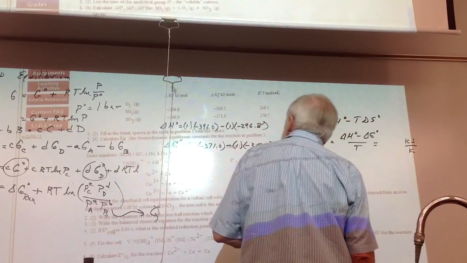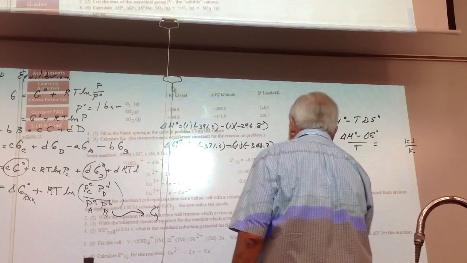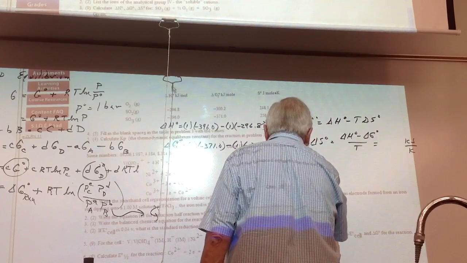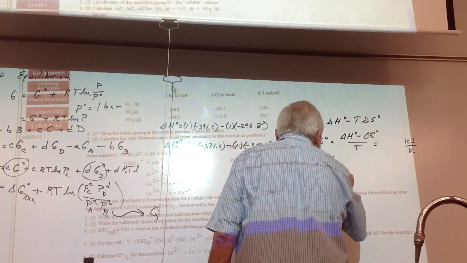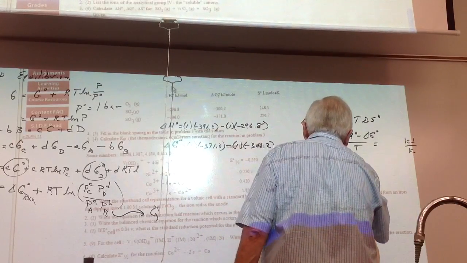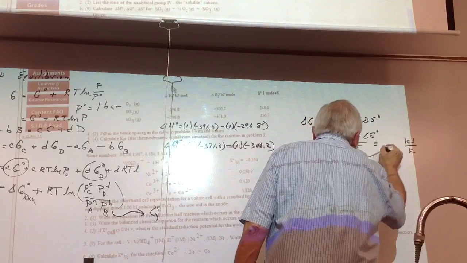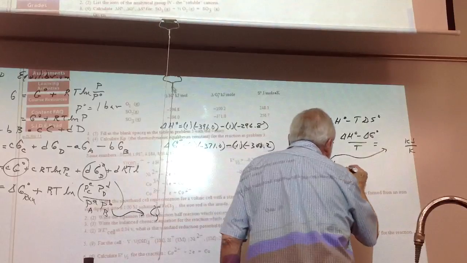Now the next problem says fill in this blank. What I have to do is say delta S0, and I have to change this one to joules per Kelvin because these are in joules per Kelvin. So I get this number from here by shifting the decimal point.